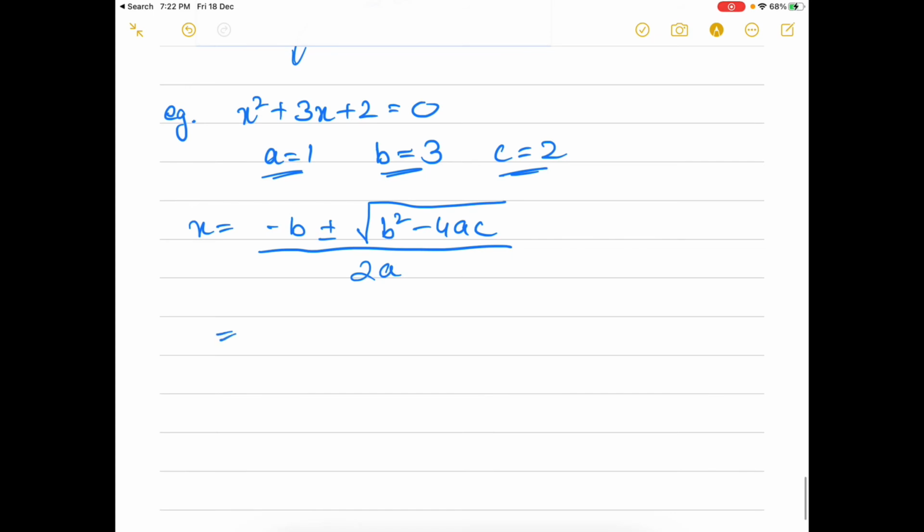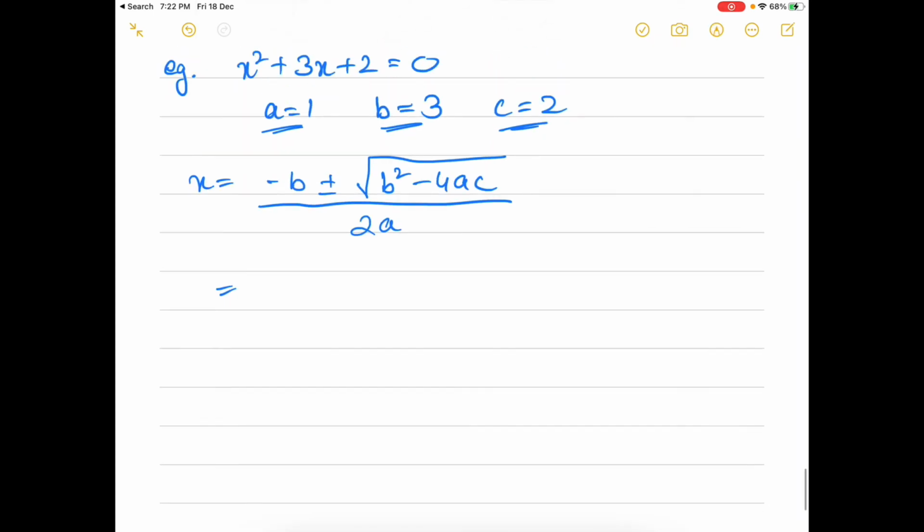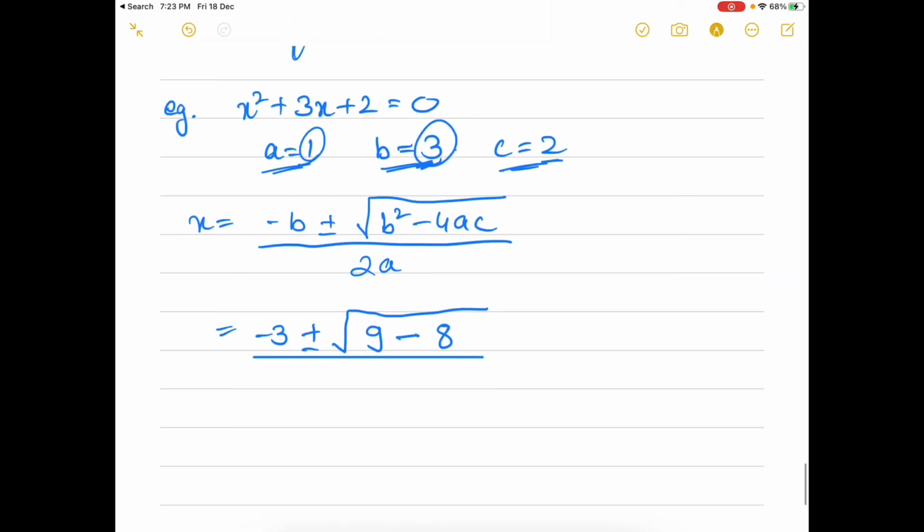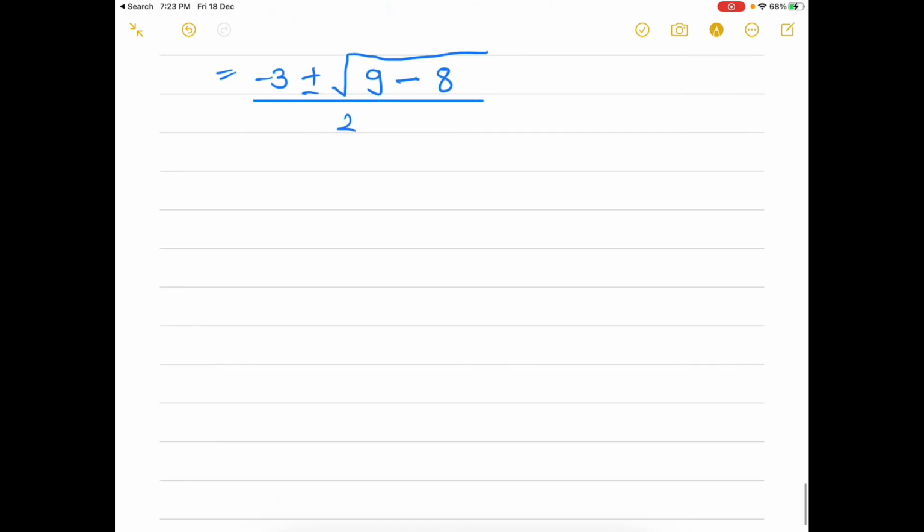Here b is equal to 3, so minus b would be minus 3, plus or minus under root b square. So here we take the square of b, which is 9, minus 4 times 2 into 1, which gives us 8, upon 2a, twice a. Here a is 1, so twice a will be 2.